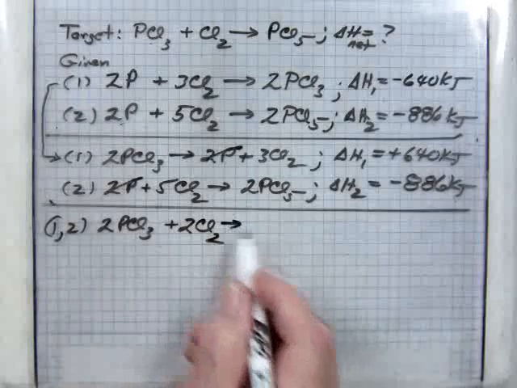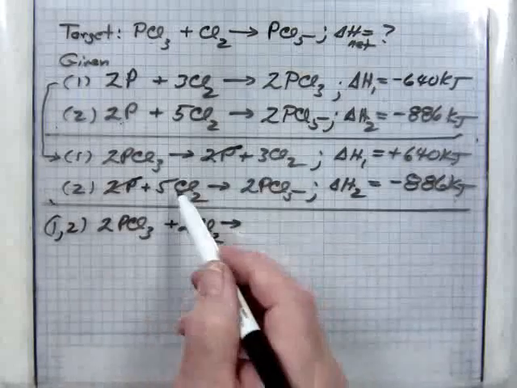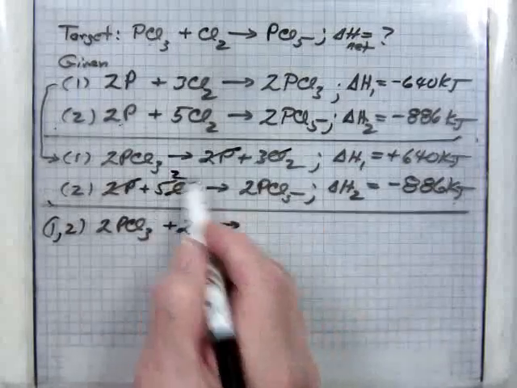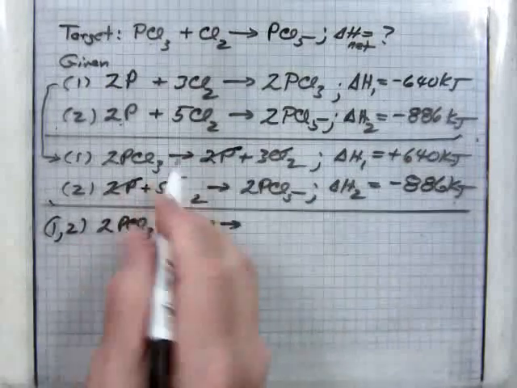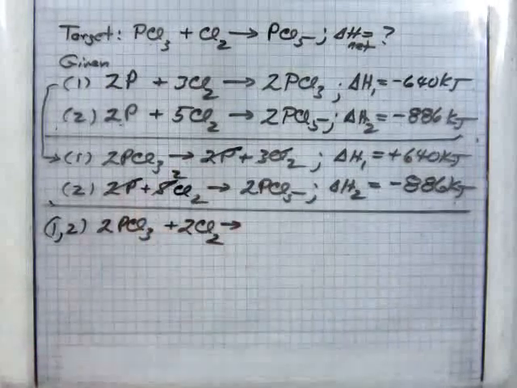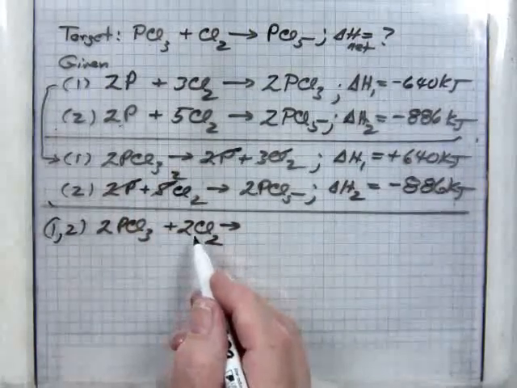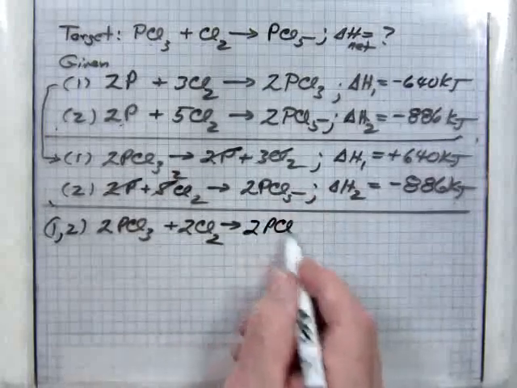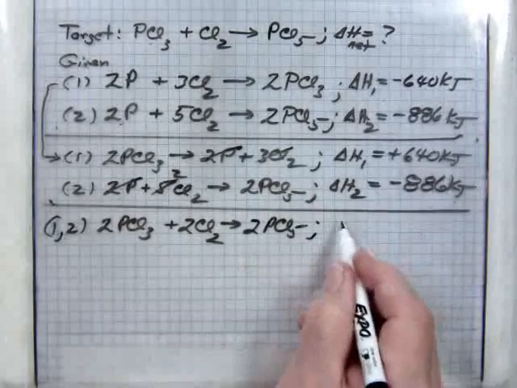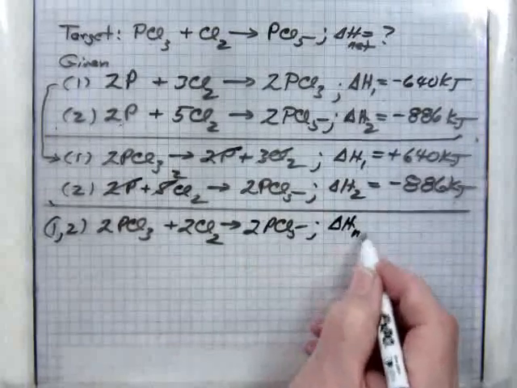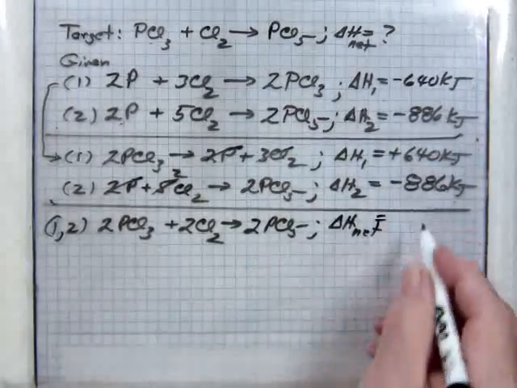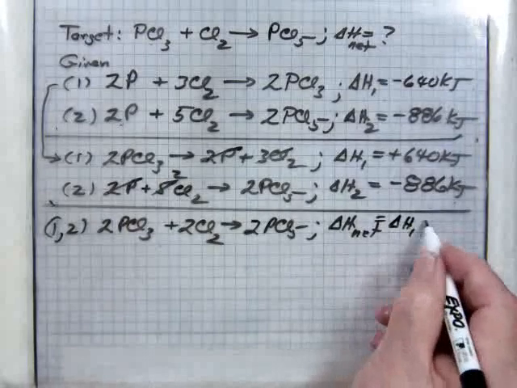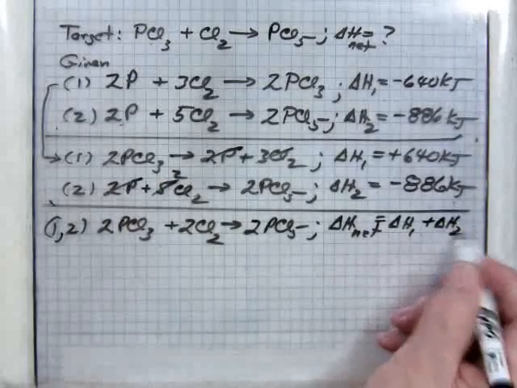And that goes to what's left, Cl2, and that leaves me 2 chlorines right there. And then we have 2 PCl5s, and delta H net is equal to delta H1 plus delta H2.